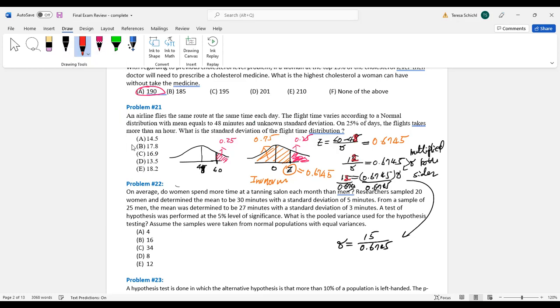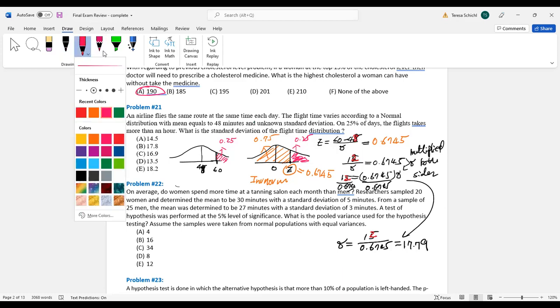So this is 12 over 0.6745. And then you get sigma equal to 17.79. All right, let's take a look at which one is the closest one. Here, the closest one is 17.8.